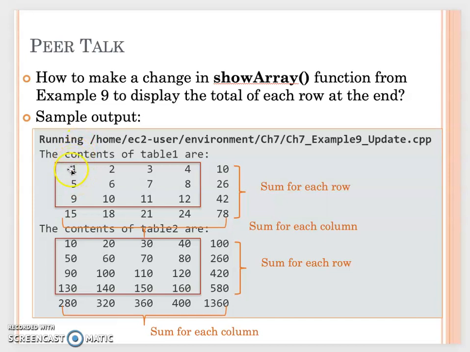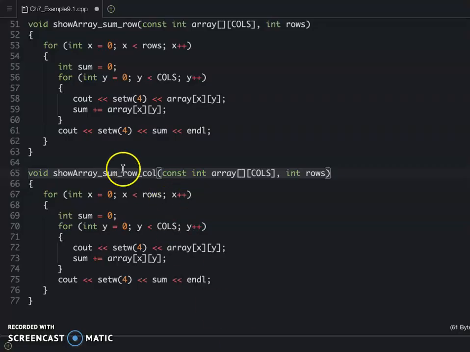So when y equals 0, I add 1, 5, 9 into one total, then 2, 6, 10 into another total. So each time I have multiple totals happening concurrently. That's why, when I want to update to display the column, before we only had one sum.